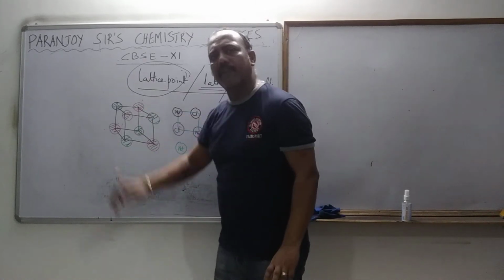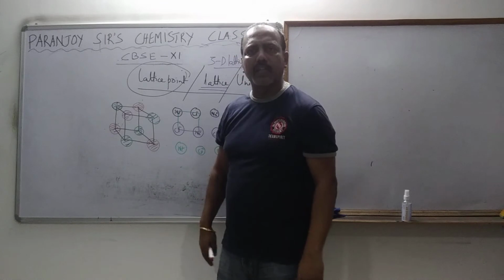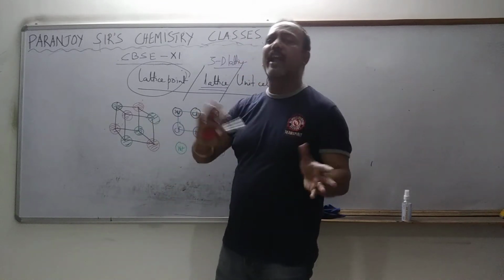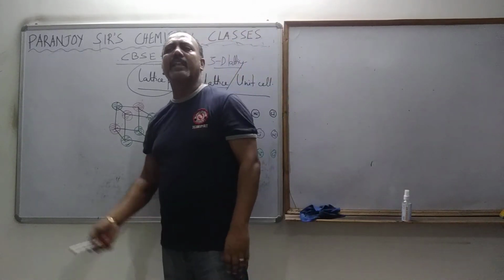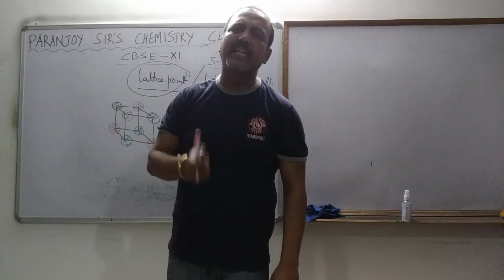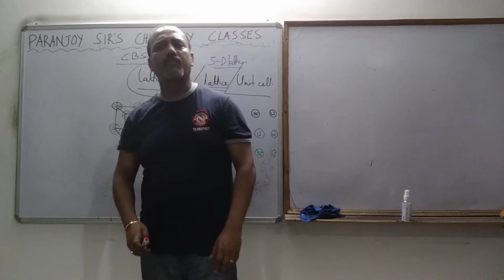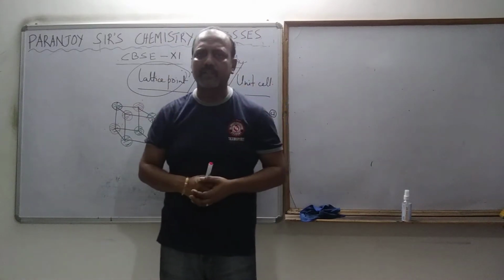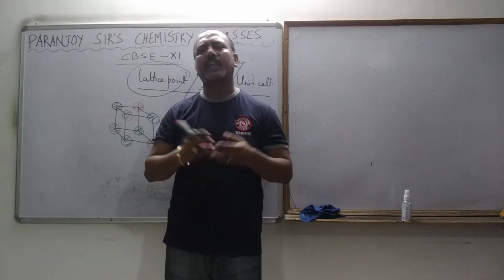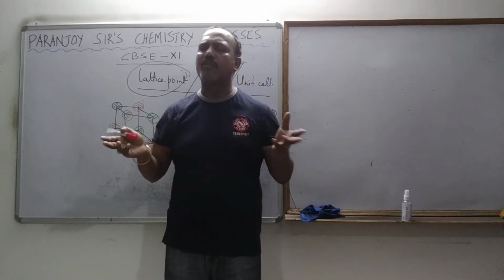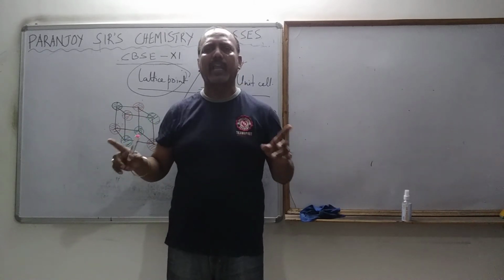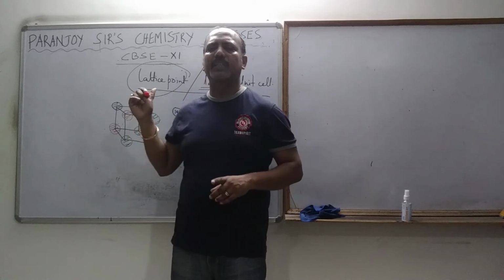If the sides differ, then that can be also another unit cell. So how are they varying from each other? They are varying from each other either by sides or by angles. Their shapes are different. You don't have to remember any name, any side excepting the cubic one.